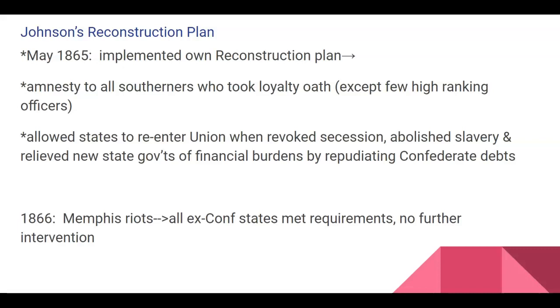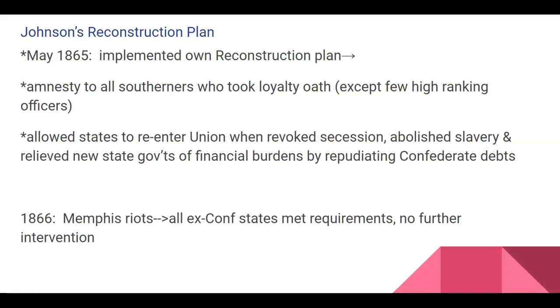People didn't really like Johnson at all, in Congress particularly. Obviously, Thaddeus Stevens really didn't like him. The radical Republicans came next. But in 1866, you had Memphis, Tennessee, and I believe it was New Orleans. You had these riots, these race riots, basically.